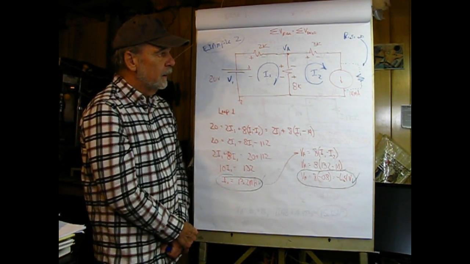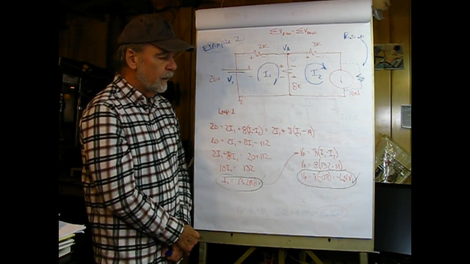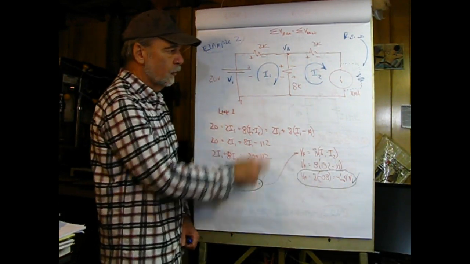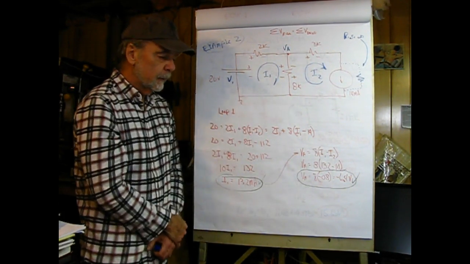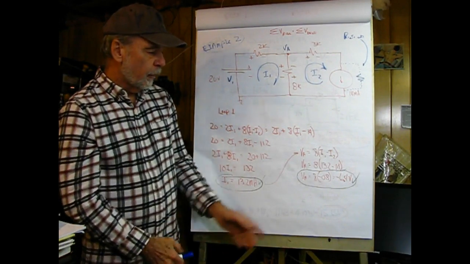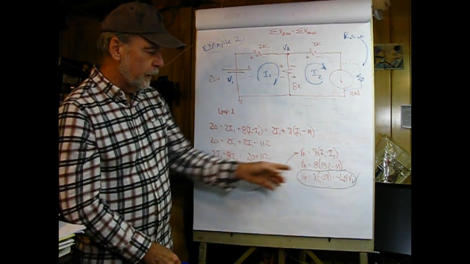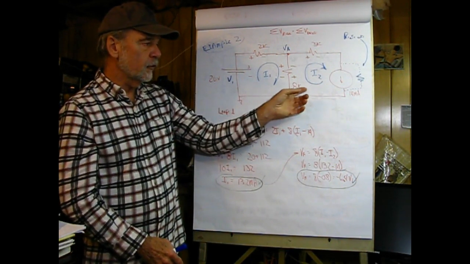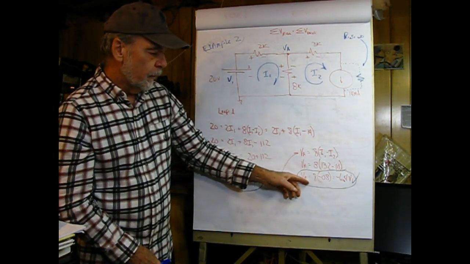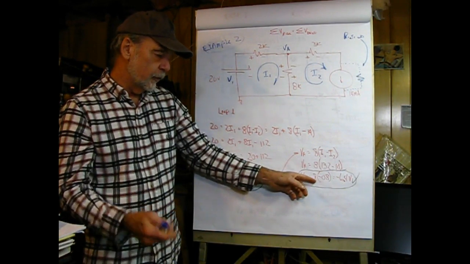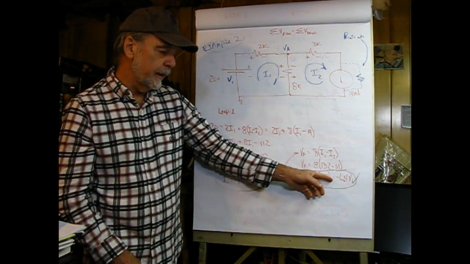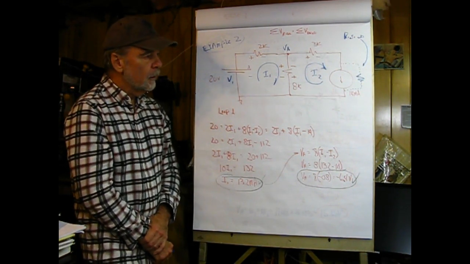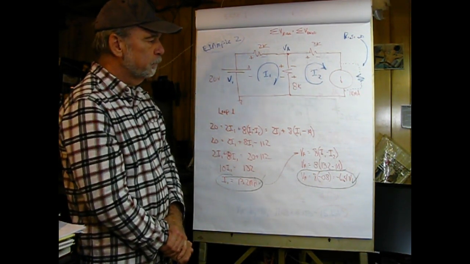Now once we have that, all we have to do is find V at node A, and again that's going to be equal to 8 times I1 minus I2, right there. 8 times 13.2, which we got here, minus our 14, which is produced by this guy. And then we have V node A is equal to 8 times negative 0.8, which is equal to a negative 6.4 volts, which is correct.